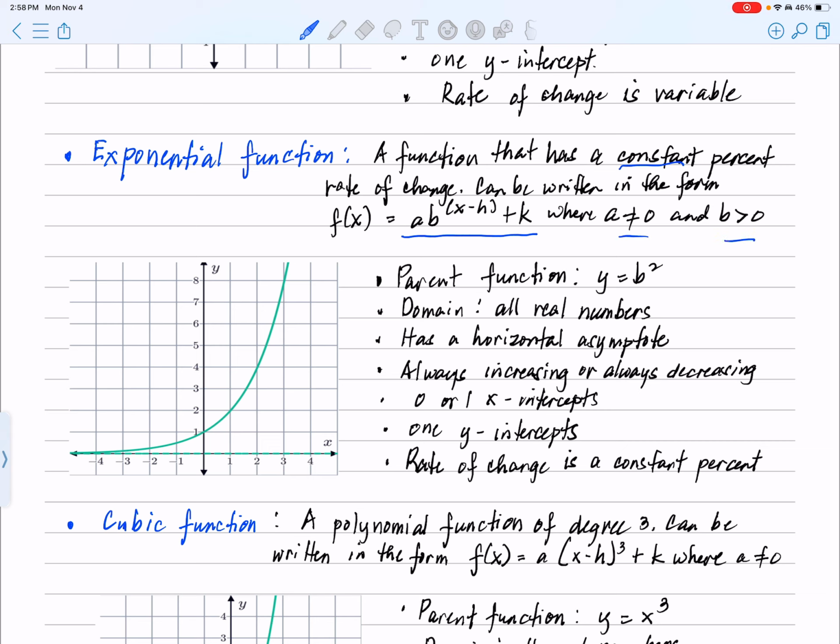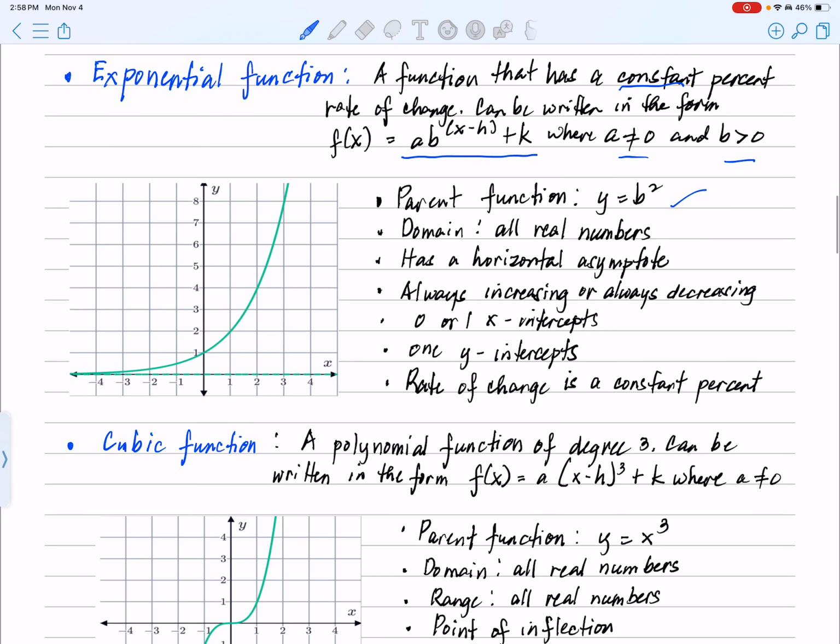So what is the parent function there? You have y equals b to the x. The domain is all real numbers. It has a horizontal asymptote, is always increasing or always decreasing, has 0 or 1 x-intercepts, 1 y-intercept, and the rate of change is constant percent.